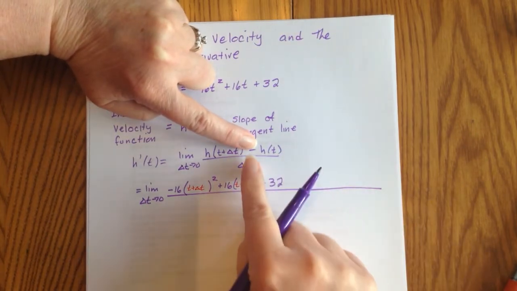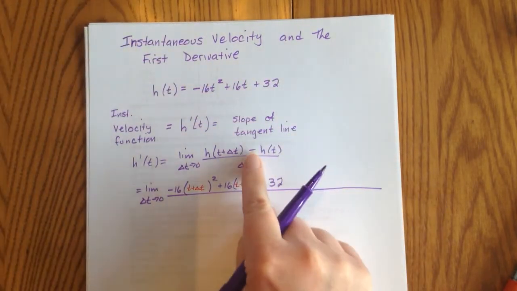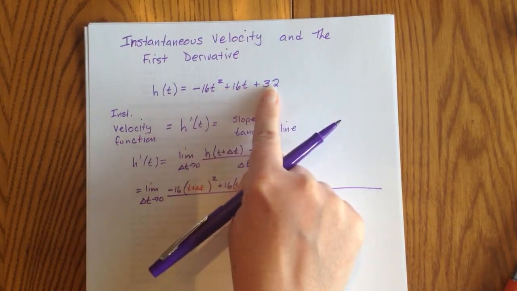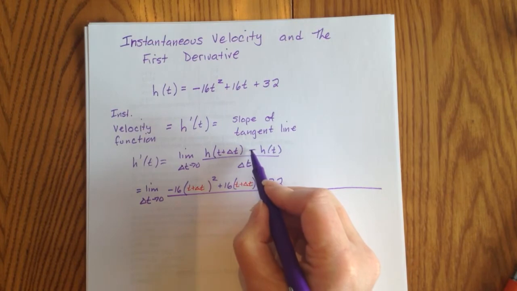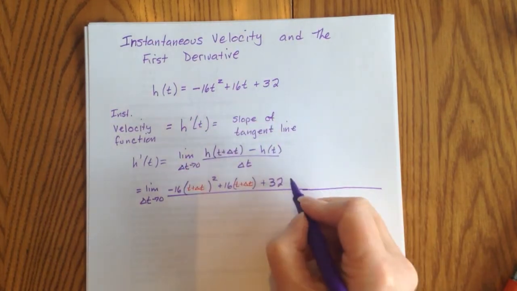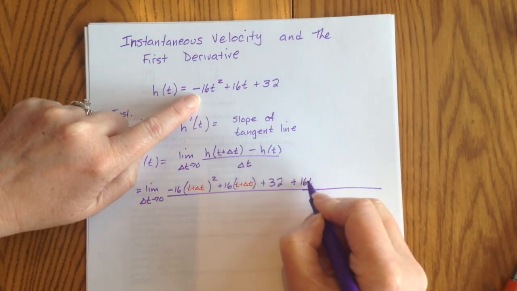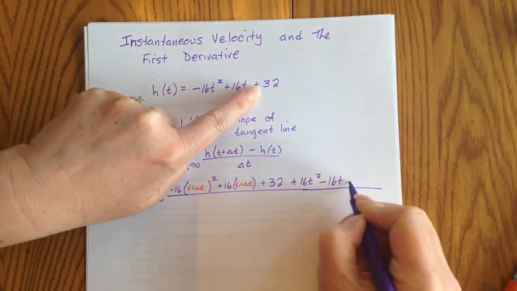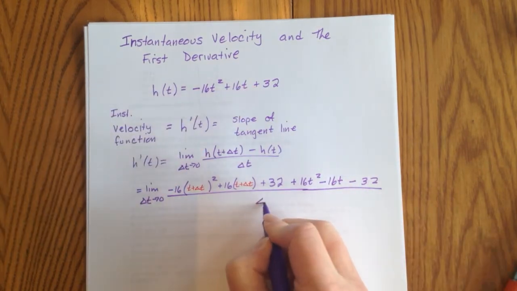Now I need to do minus the original function. Now once again, you can either do minus and parentheses around all of this, or you can distribute this negative to the function. Now, I'm going to do that because I'm a genius. So, minus the original function becomes plus, changing the sign, 16t squared, minus 16t, minus 32, distributing the negative, all over delta t.